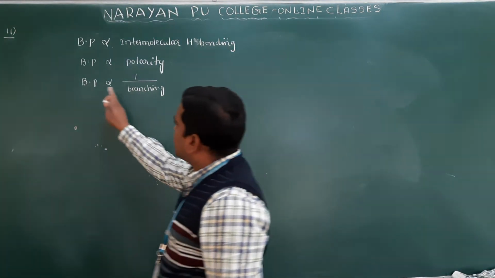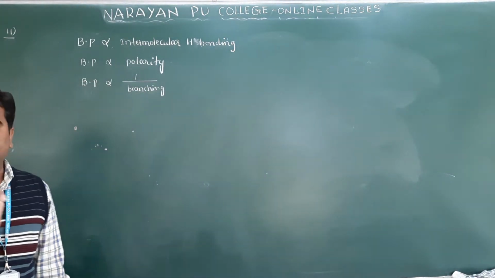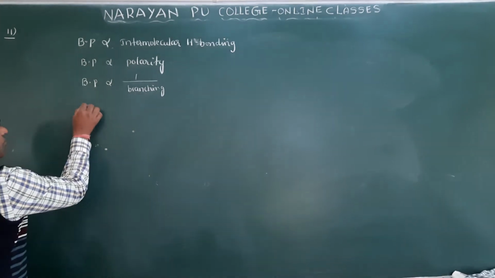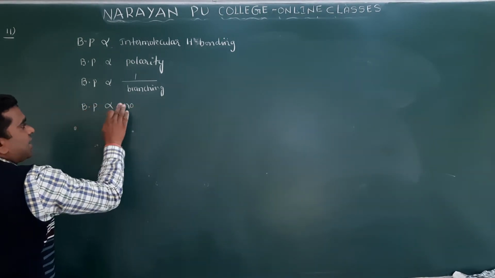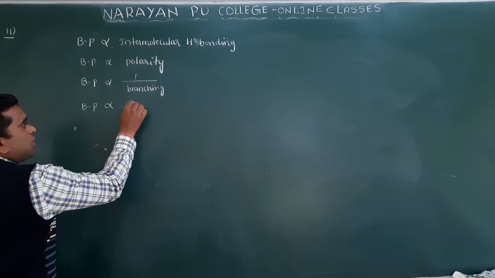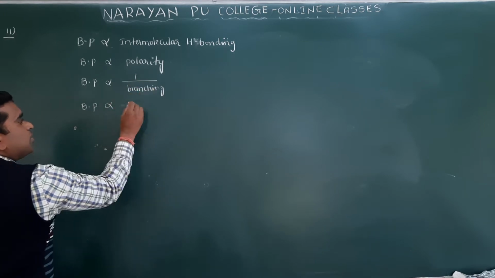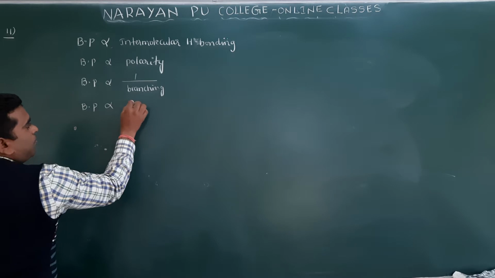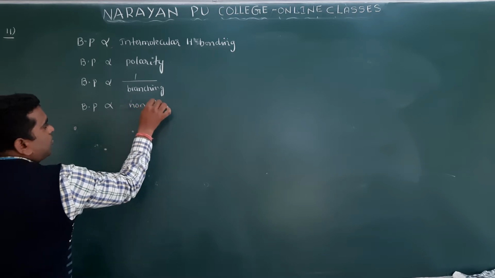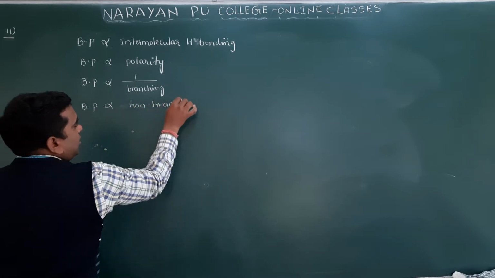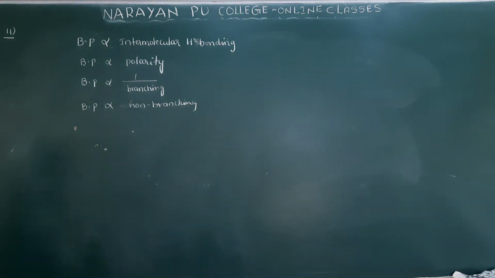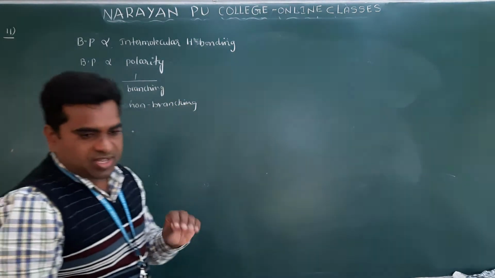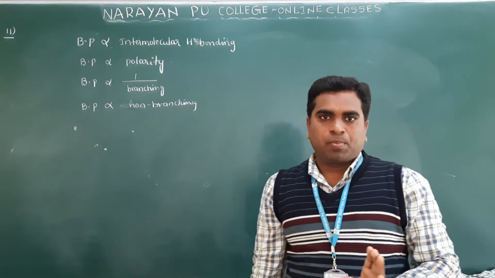As branching increases, boiling point decreases. If there is no branching, then linearity is there, which means a higher boiling point. These points you have to remember.